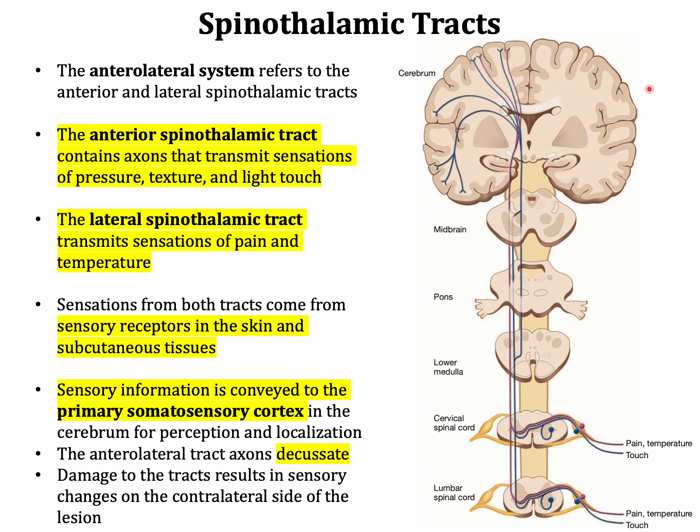In contrast, the lateral tract transmits sensations of pain and temperature. So it's very distinguished here, anterior versus lateral. Same concept in terms of where it is going. It's going to go to the primary somatosensory cortex first, then association areas for interpretation. We're also going to see that this sensory tract decussates, or crosses over, within the spinal cord.